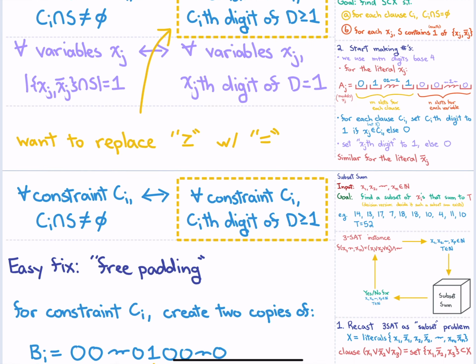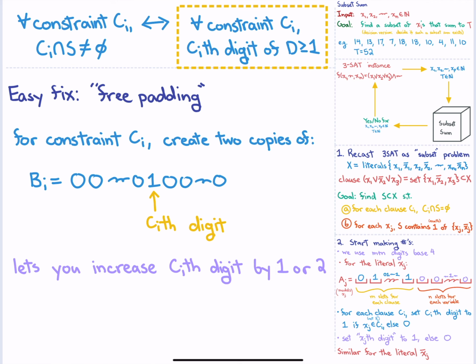So that's exactly what we're going to do. We'll give some free padding for each of those digits corresponding to clauses. For the Ci digit, I'll introduce 2 copies of what I'm calling Bi. Bi just has a 1 in the digit corresponding to that clause and a 0 everywhere else. And there are 2 copies.